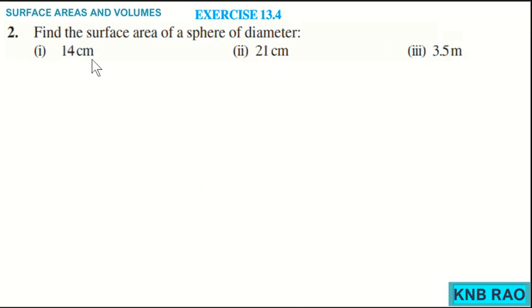In the question number 2, find the surface area of a sphere with the diameter. That means here we are given diameter. So, when the diameter is 14 centimeter, I can find its radius. Radius will be half of it.